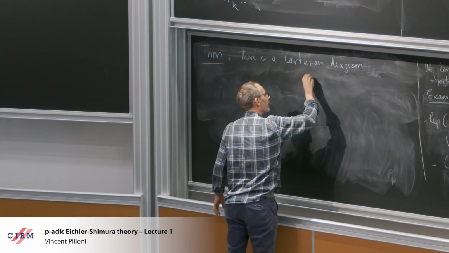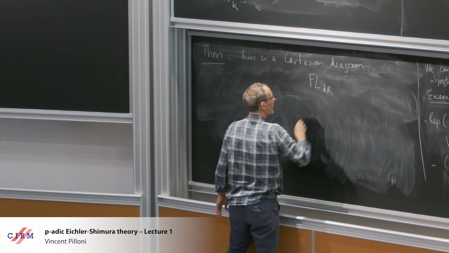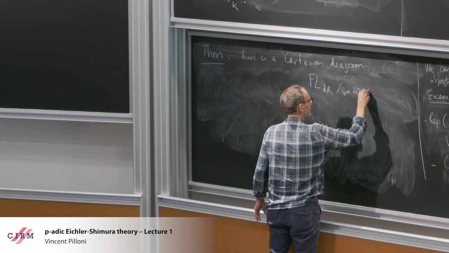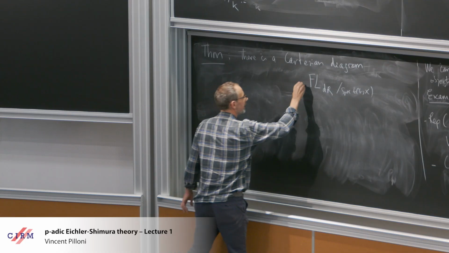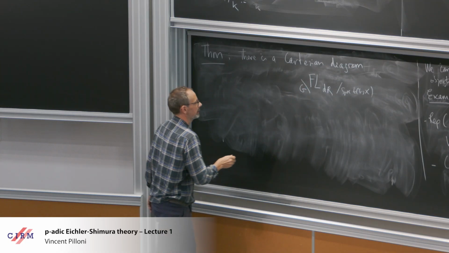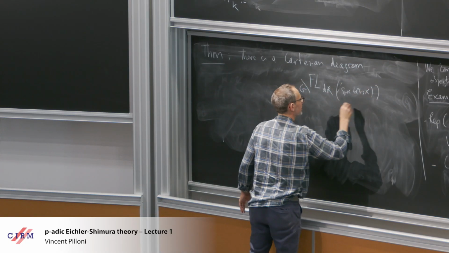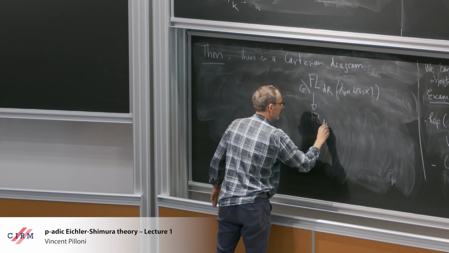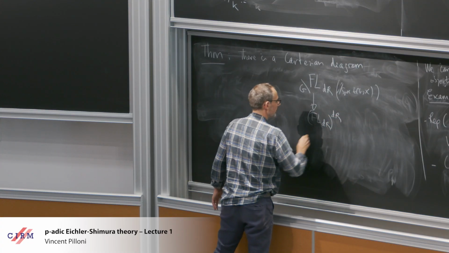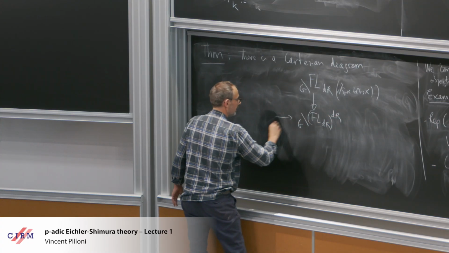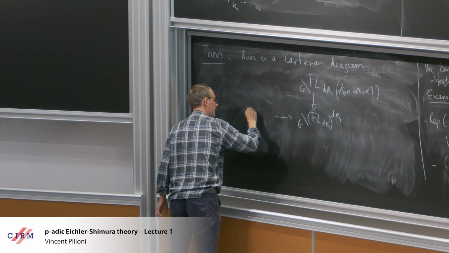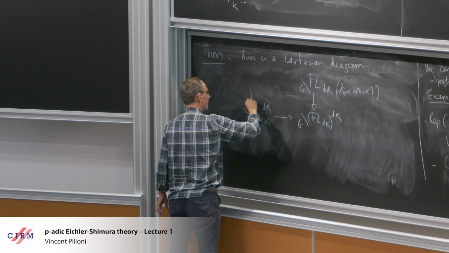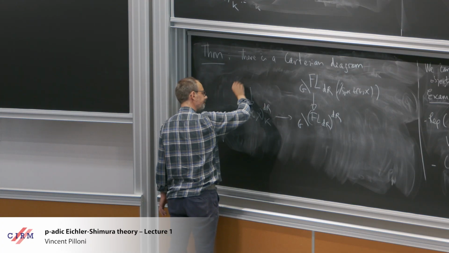Here I put the de Rham flag variety, which by the way really lives over the reflex field, divided by G. So that's a stack. Then below I put the de Rham stack of that de Rham flag variety divided by G. Here I have the de Rham stack of my Shimura variety, and above I have the Shimura variety.